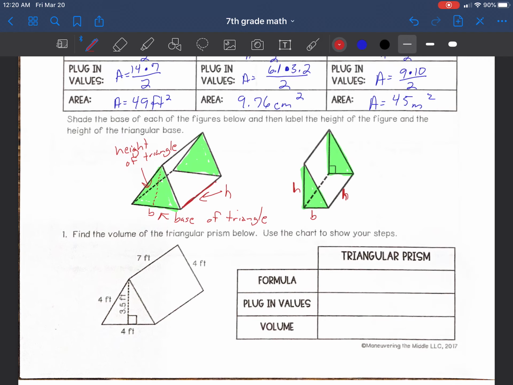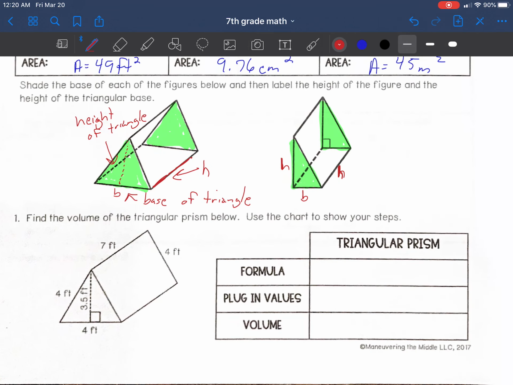So let's get into solving the problems. It says, find the volume of the triangular prism below. Use a chart to show your steps. So we know to find the area of my base, which is the capital B, it's the area of a triangle. Base times height divided by 2. But we're looking for volume. And volume equals base, capital B, times lowercase h for the height.